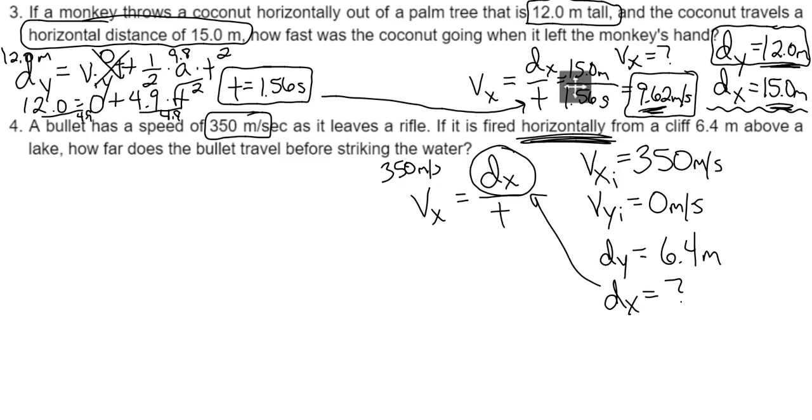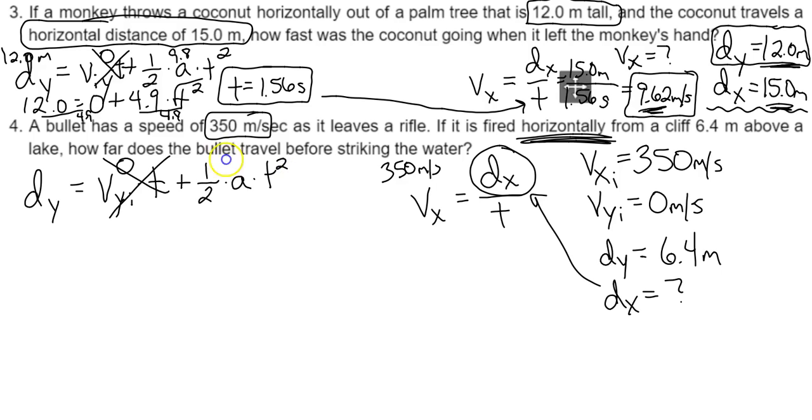So our distance in the y direction is equal to our initial velocity in the y direction times time. Well, again, our initial velocity in the y direction is 0, so that's going to cancel out, plus 1/2 times a times t squared.